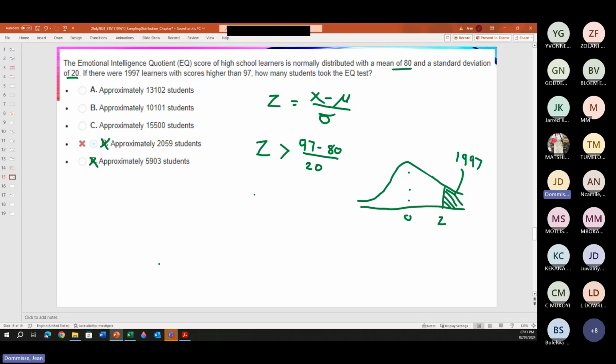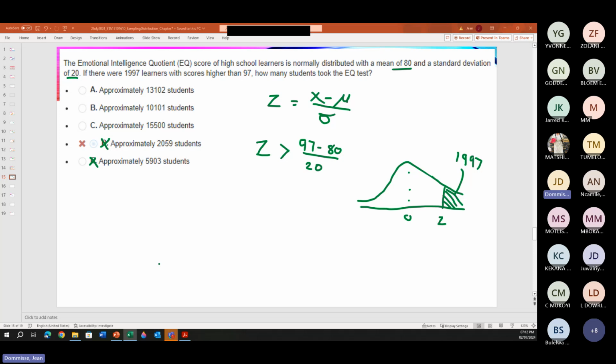So let's see what the Z is. 97 minus 80 is 17. Let me just make sure, my maths without a calculator is not that great all the time.